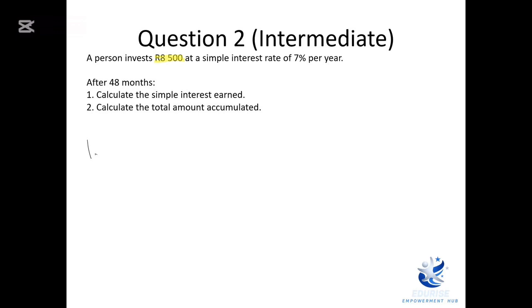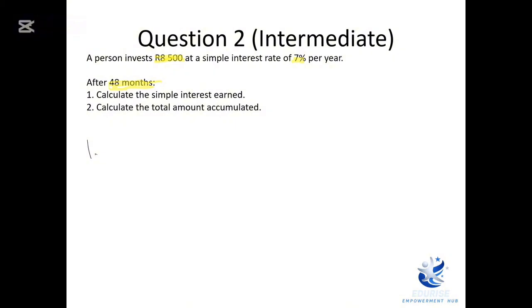This is the principal amount. This is the interest rate per year. And remember, they said after 48 months. But we know for simple interest we only work with years. So what are we going to do?